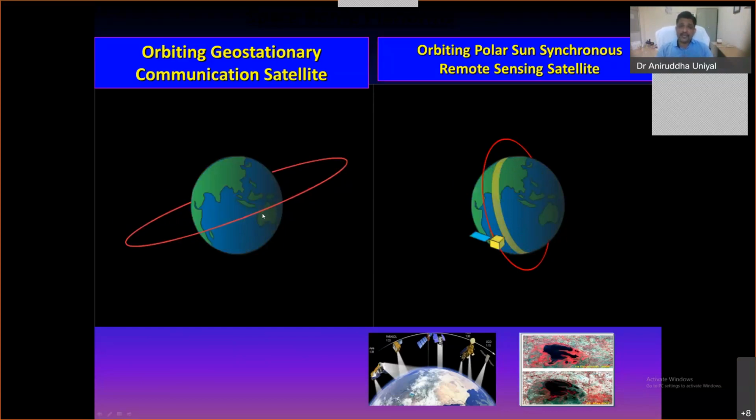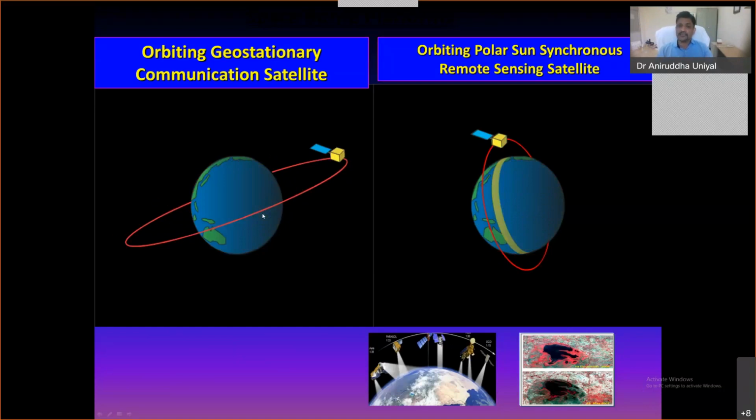Then on my right side is a remote sensing satellite. This satellite weighs around 1 ton or 1,000 kgs, and it is placed in an orbit of around 550 to 900 kilometers above the surface of Earth. It is a polar sun-synchronous satellite as well, because it is synchronized with the illumination of Earth from the sun.